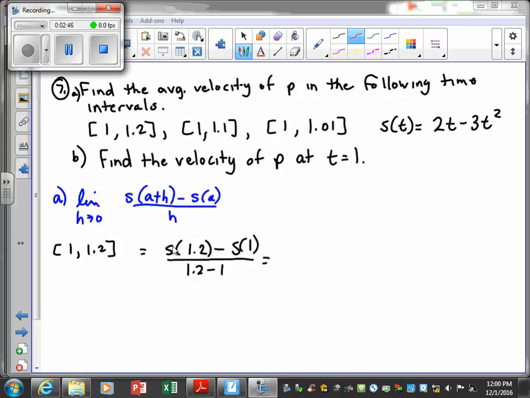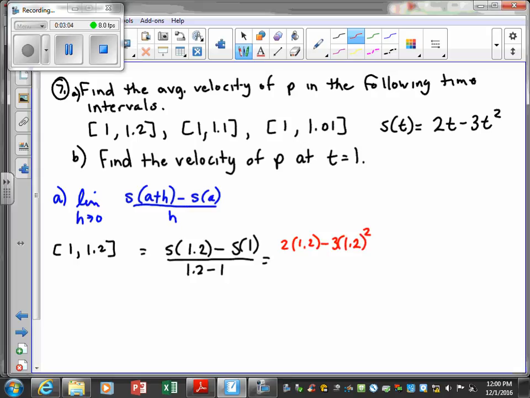When I evaluate s at 1.2, it means I plug in 1.2 everywhere there's a t. So let me represent that in red. So it's going to be 2 times 1.2 minus 3 times 1.2 squared.